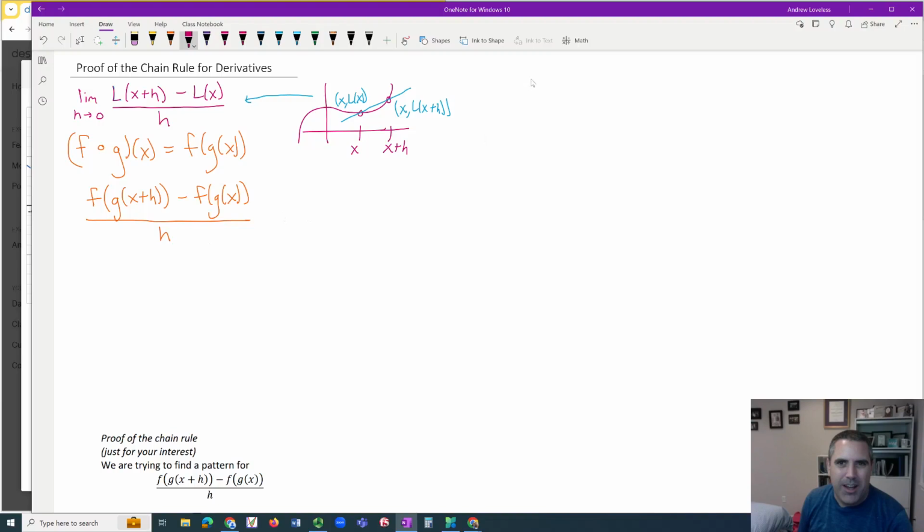But you might say, I am expecting the derivative of g to make an appearance based off of the examples I've done. And the derivative of g looks like this. Based off of this idea, you could say, well, how could I change the look of this without changing the value? So the clever idea is to multiply the top and bottom by this.